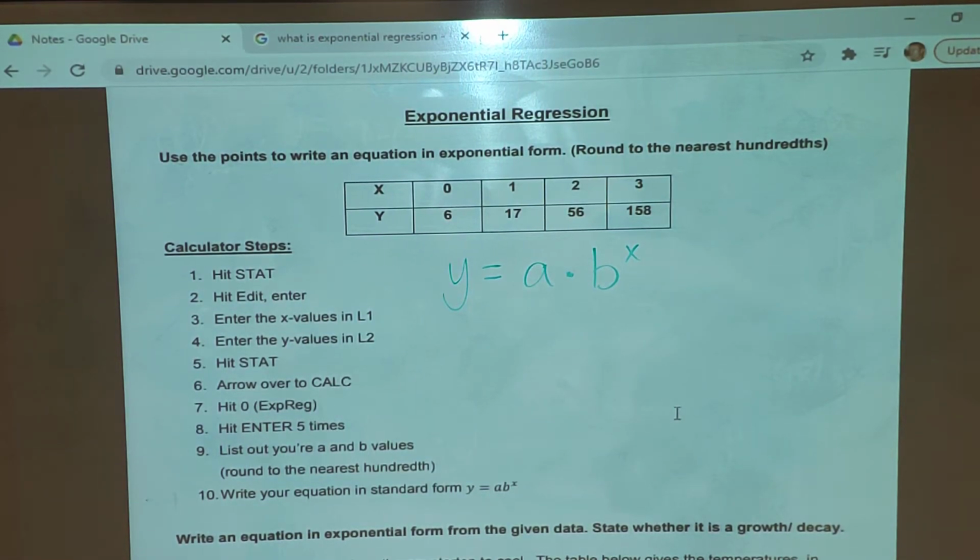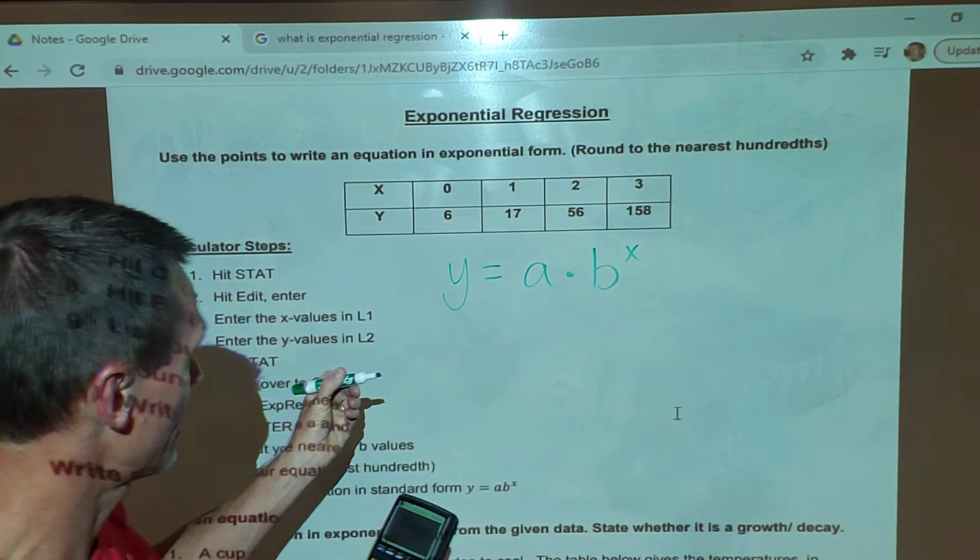And if you arrow down past 9, that gets to 0, which is, again, exponential regression. Now, on the newer calculators, the yellow ones, I think the TI-84 Pluses, you need to hit Enter 5 times, and it goes through different options to get there. But I believe on this one, I just have to hit Enter twice.